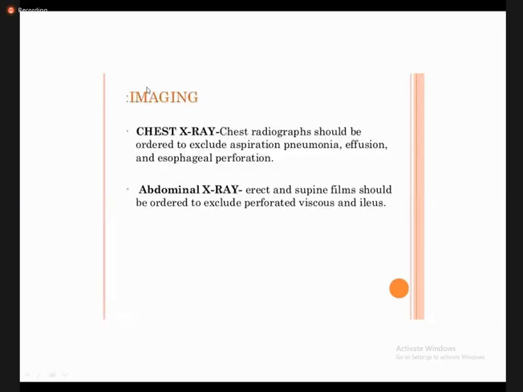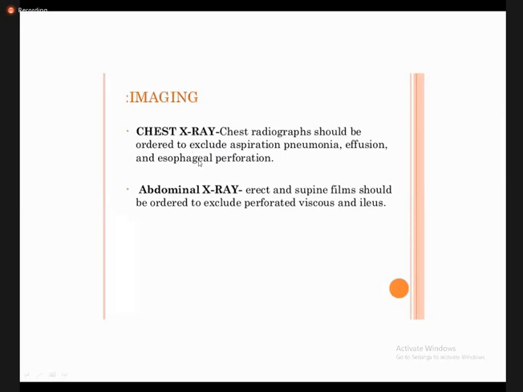Other investigations which help in the GI bleed is a chest X-ray to exclude aspiration pneumonia and esophageal perforation. For example, if some procedure was done, like a dilatation of the esophagus or some stenting, and after that the patient comes with a bleed and we are suspecting esophageal perforation, then before doing the endoscopy, first get these tests to confirm your diagnosis and then proceed accordingly.